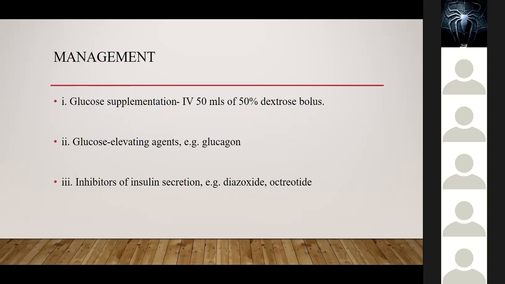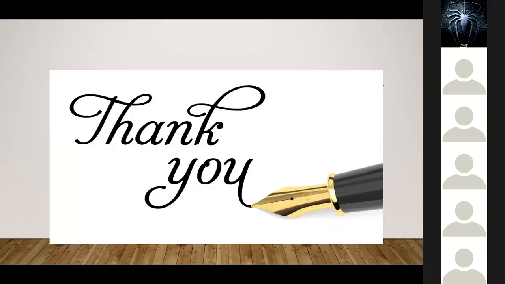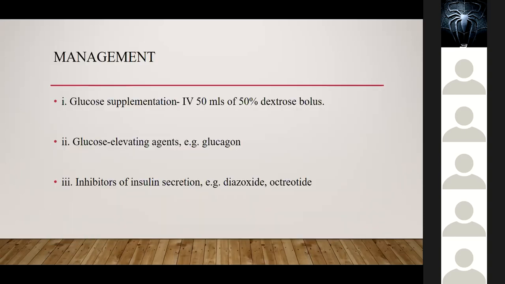Sometimes if you don't have 50 mils of 50% dextrose and your patient can drink, your patient isn't gone and can drink something, then you quickly have to give some sugary drink like Coke. Sometimes you have a cube of sugar they can put in their mouth. Medications like diazepam and octreotide inhibit insulin secretion, so they've also been used in the management of hypoglycemia due to excess insulin secretion.